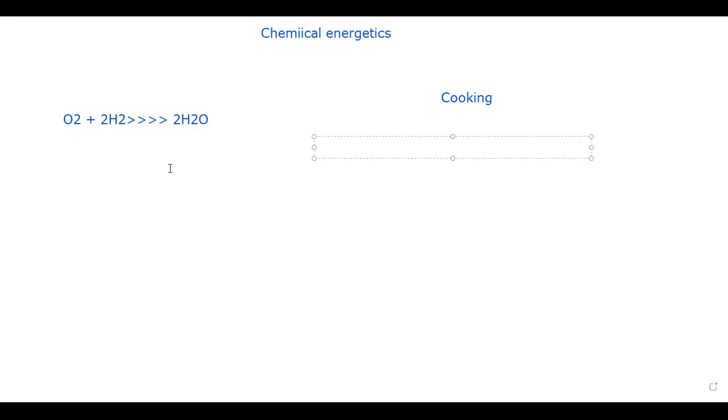But for example, if you add sodium plus hydrogen to form sodium hydroxide, what I did, I added sodium plus hydrogen to form sodium hydroxide, and suddenly I feel hot, energy given out.